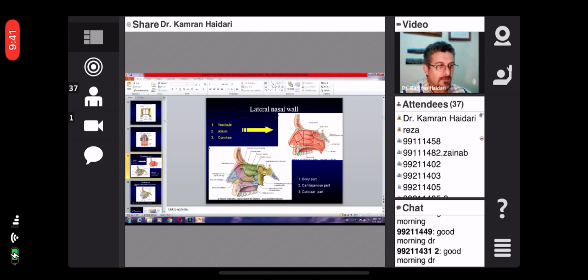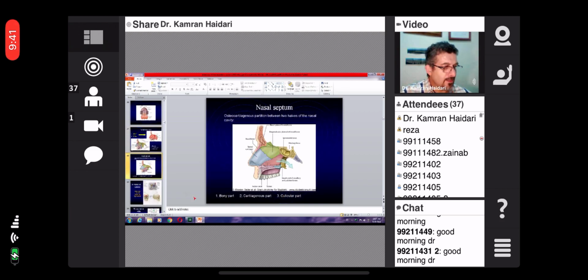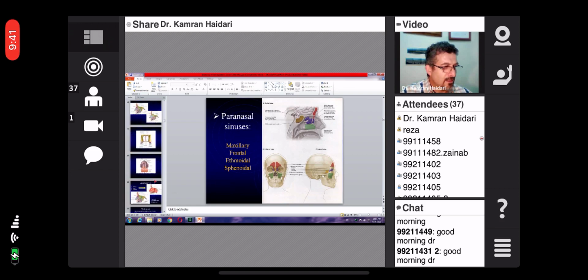I think I should talk about more details of the lateral wall and the medial wall, paranasal sinuses.